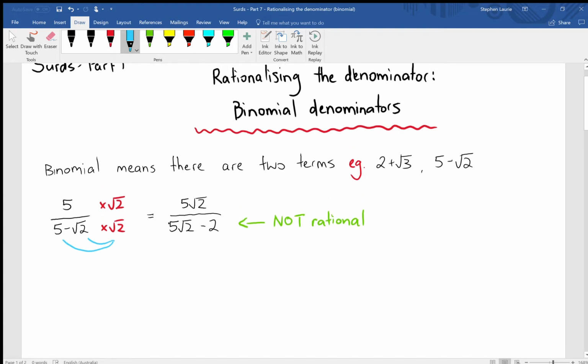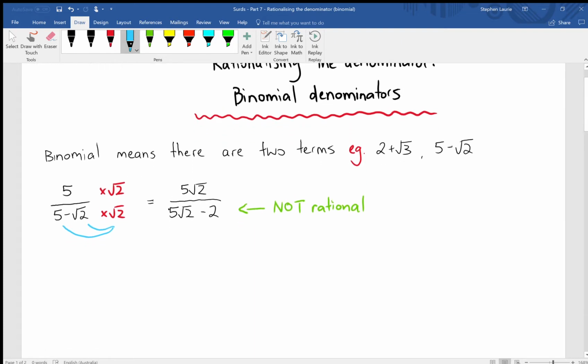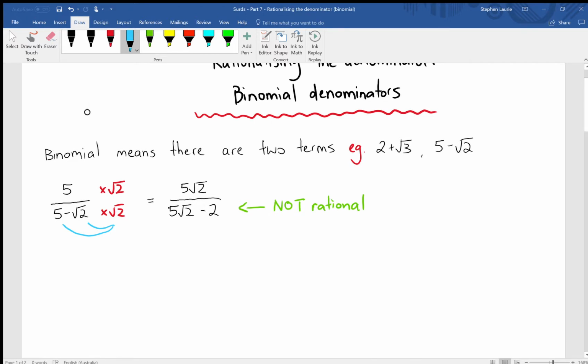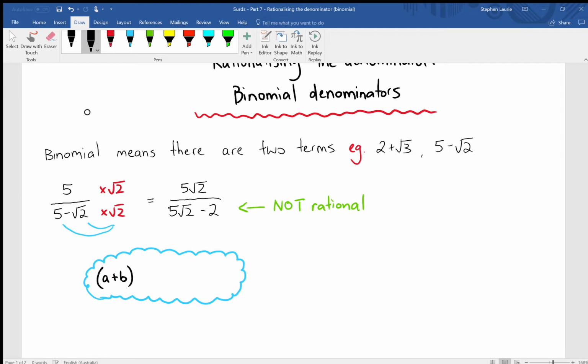Well, if you remember back to part 5, when we had a binomial product, there were some cases where the answers were rational. They were the cases where we had a difference of 2 squares. Remember, a plus b times a minus b is just a squared minus b squared.